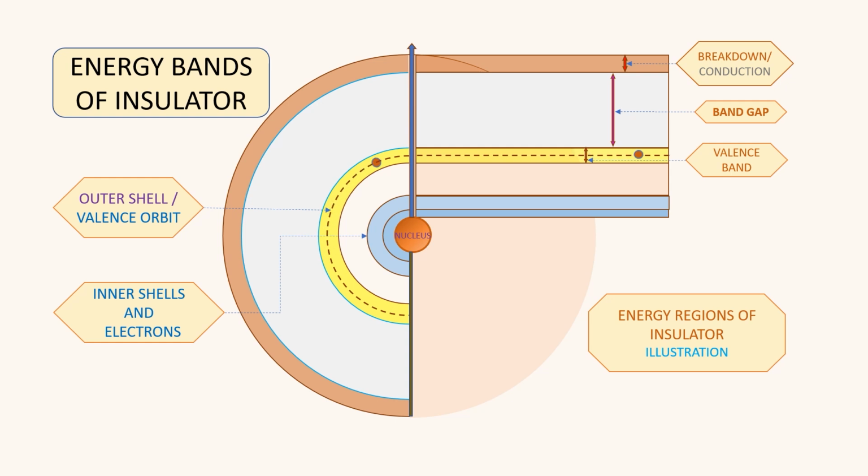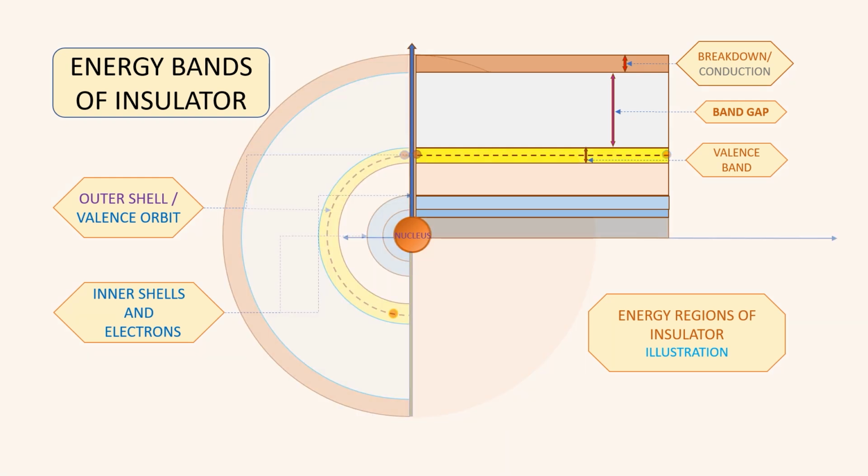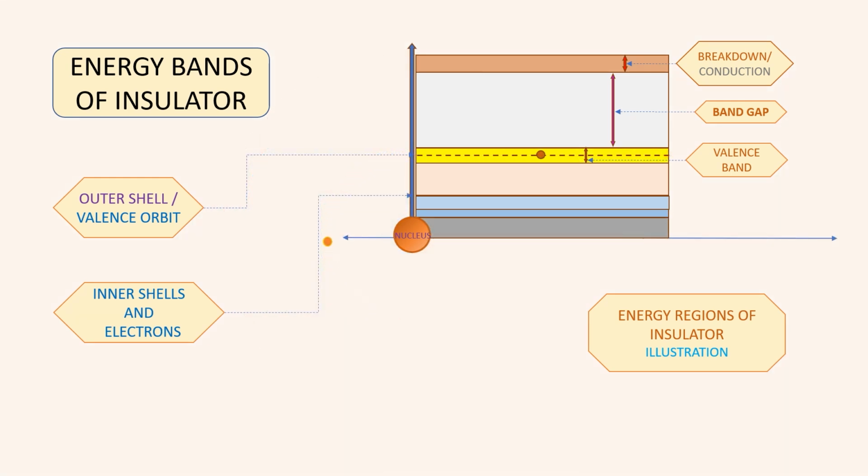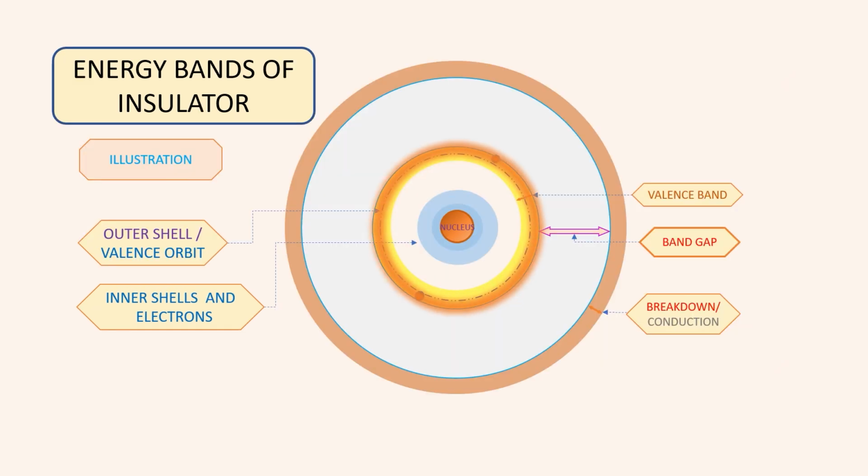If a source attempts to excite these electrons, they may permanently escape from the influence of the nucleus. This can disrupt the atomic structure of the material and lead to electrical breakdown, which may result in permanent damage or destruction of the material.